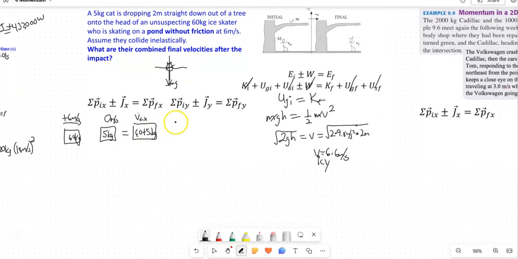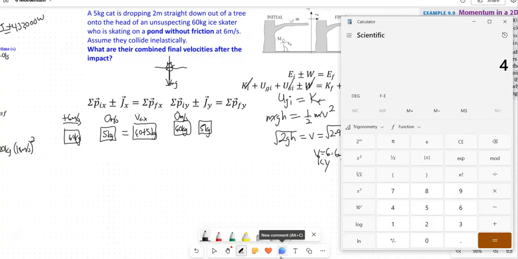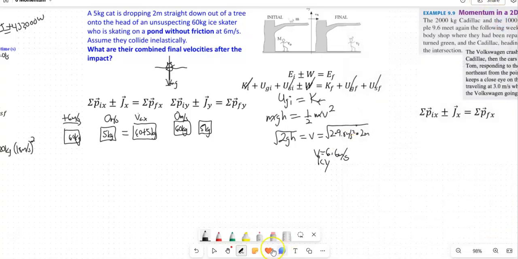In the y direction, the person, the ice skater, me, I'm not moving, but the kitty cat is moving at 6.6 meters per second downwards. Okay, I'm just going to double check that. 4 times 9.8, square root, 6.26.